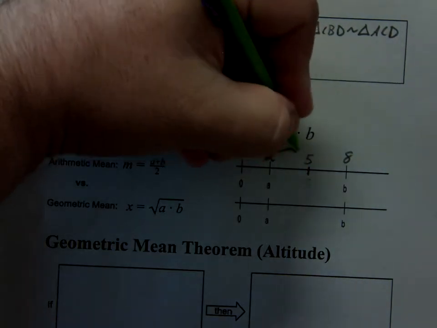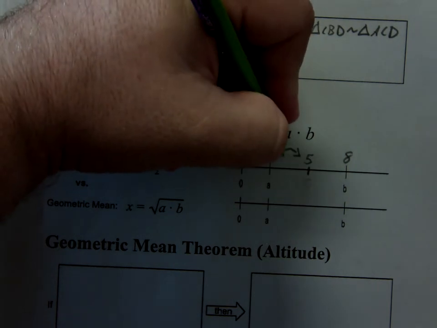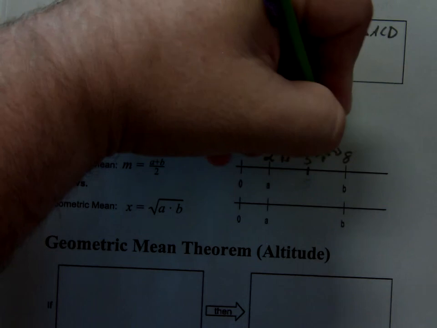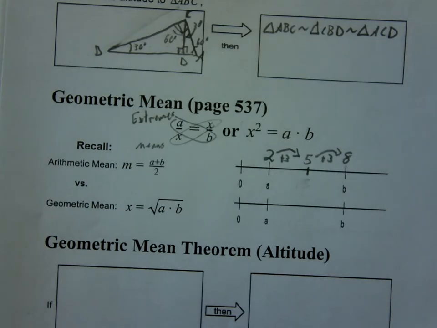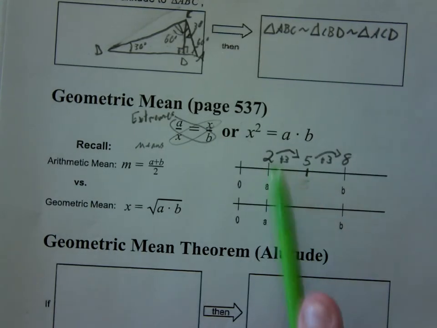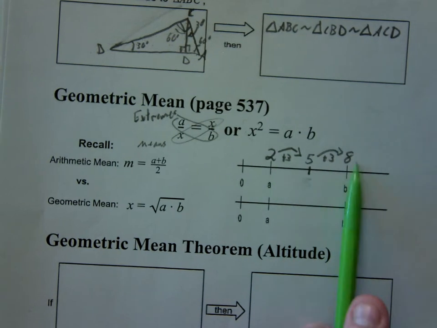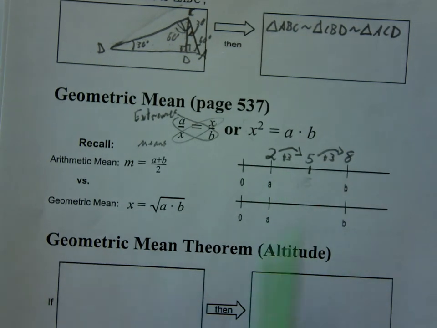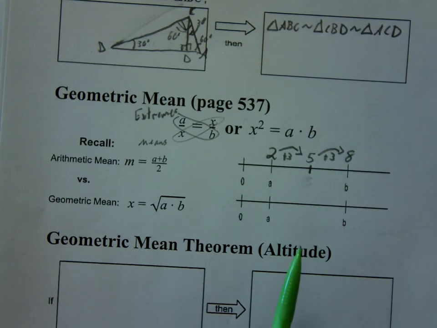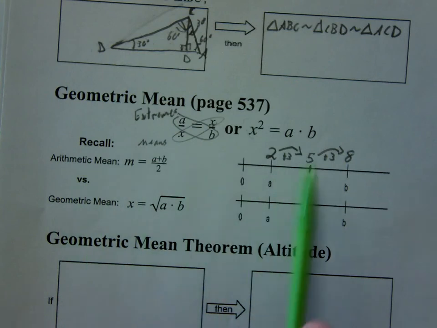It is exactly 3 units, so plus 3 units away from 2, and it's exactly 3 units away from 8. So it has an additive distance that is equidistant from the 2 points it started with. 5 is a measure of center of 2 and 8. So we can see that the average or arithmetic mean gives us a number that is a measure of center between 2 values or more values.